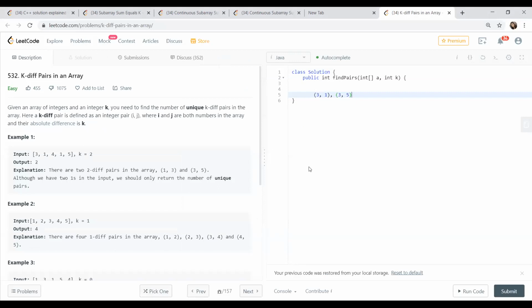Because in this case I can put 3 in a set, and now I see 1, I know 3 and 1 should be a pair, right? But then I cannot remove 3 or 1 from the set. I have to keep it in there, and I keep moving to find another number. Then it's going to be difficult for me to maintain the unique pair.